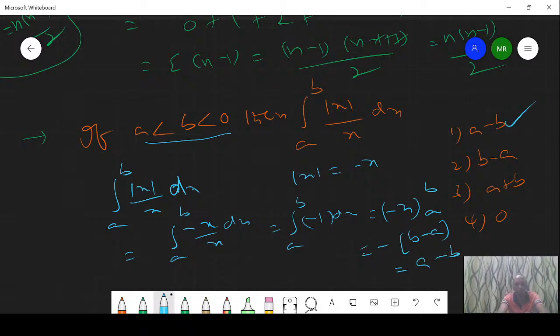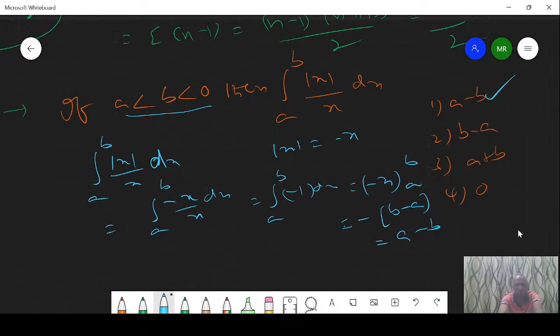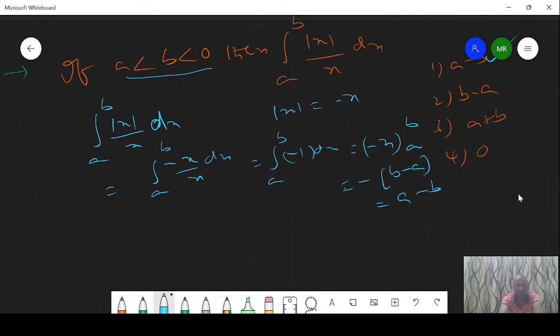Sir, why are you doing so much? We know the derivative of mod x is mod x by x. Why can't you do it like that? The people will think of another way: d by dx of mod x is equal to mod x by x. So then directly the answer is mod x.